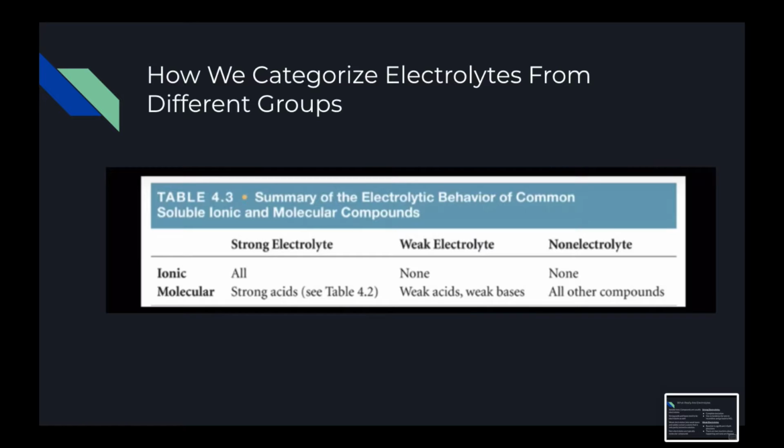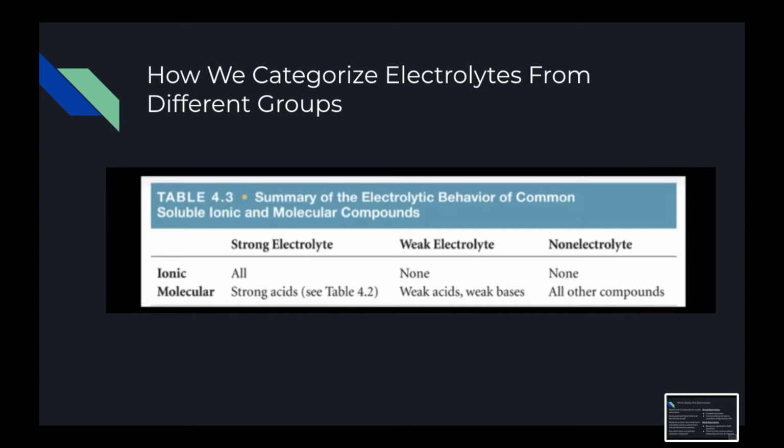Molecular compounds differ because of different things. As on the chart, strong electrolytes among molecular compounds are strong acids, while weak electrolytes among molecular compounds are weak acids and weak bases, like we established before. Anything else that is not a weak electrolyte or a strong electrolyte is a non-electrolyte, which does not conduct electricity.